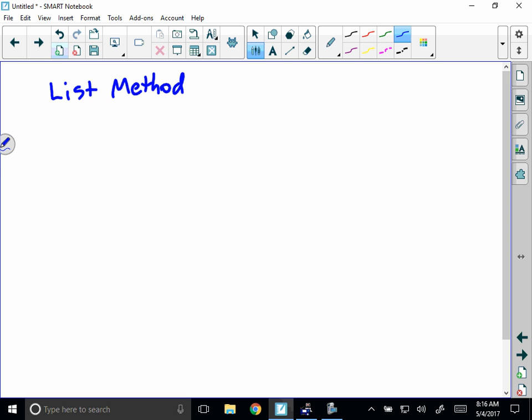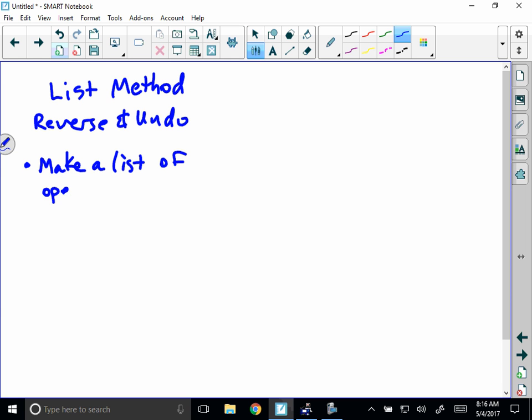Sometimes I call the list method reverse and undo. What you do in this method is you make a list of operations on X.